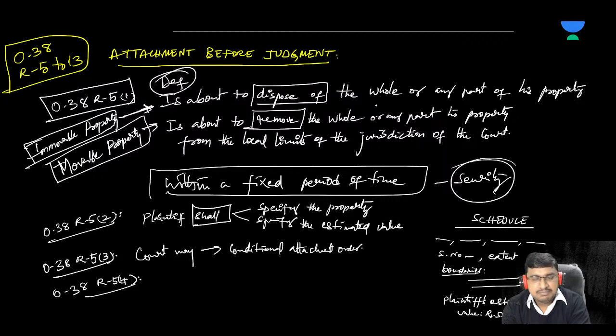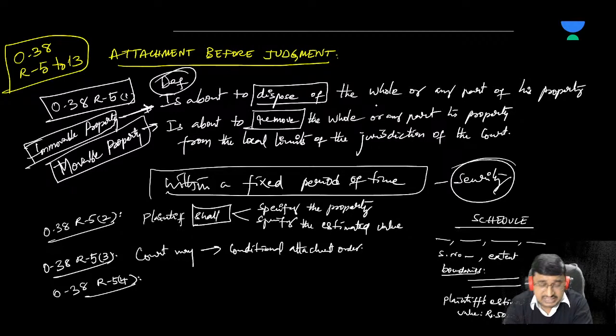But friends, in an Order 38 Rule 5 application, the plaintiff files an affidavit. Along with the affidavit, he has to file a petition. In the petition, he has to specify the property and its estimated value. This property does not belong to the plaintiff, friends. This property belongs to the defendant.